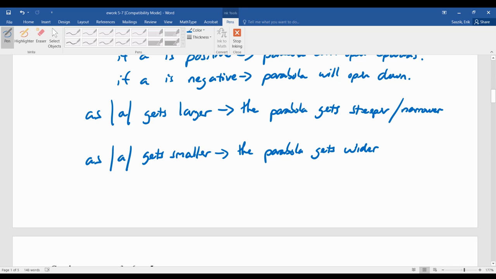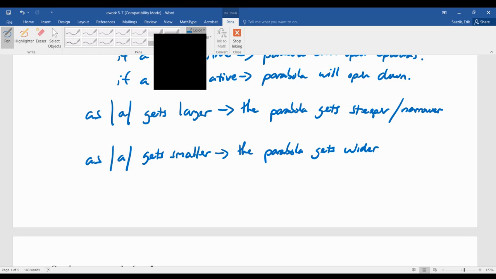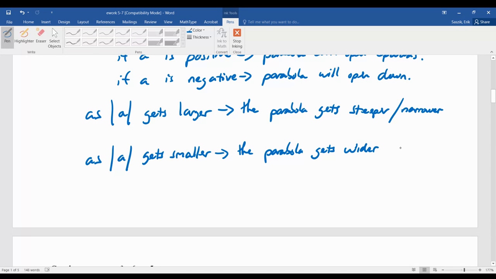Now, what does that mean? Well, I'll give you a couple of examples here. Let me just do a little sketch. Okay. Let's say we have our baseline of y equals x squared. The a value here would be this invisible 1. And let's just say it gives us a parabola like this.